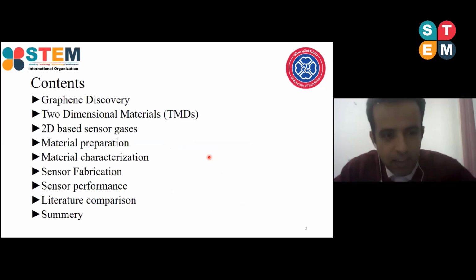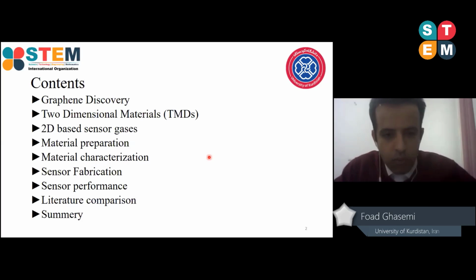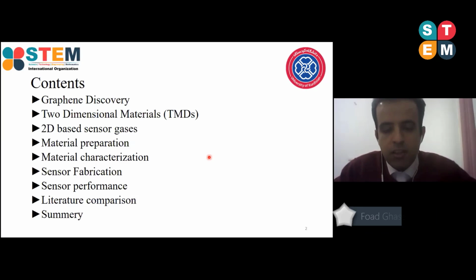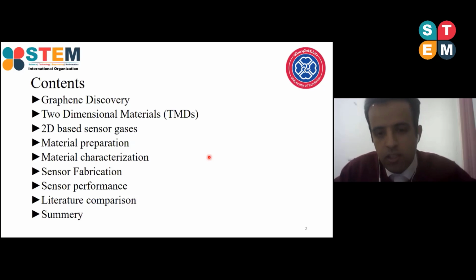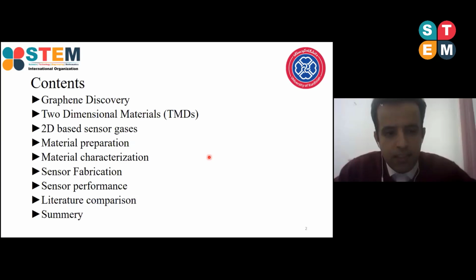Let's see the content. I will briefly talk about graphene discovery and then move to the two-dimensional materials, mainly TMDs, one kind of the 2D materials. I will talk about the preparation and also application of TMDs, mostly molybdenum disulfide, and then I will move to 2D-based gas sensors.